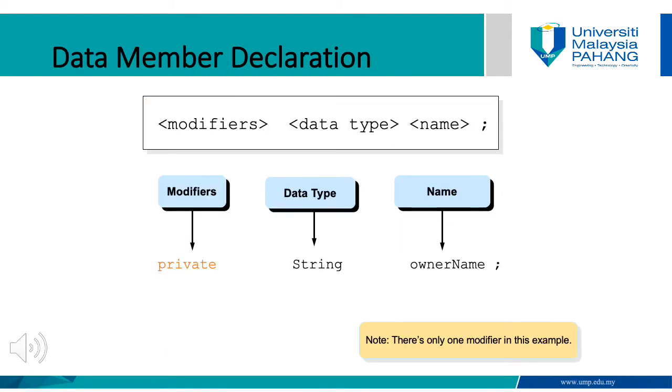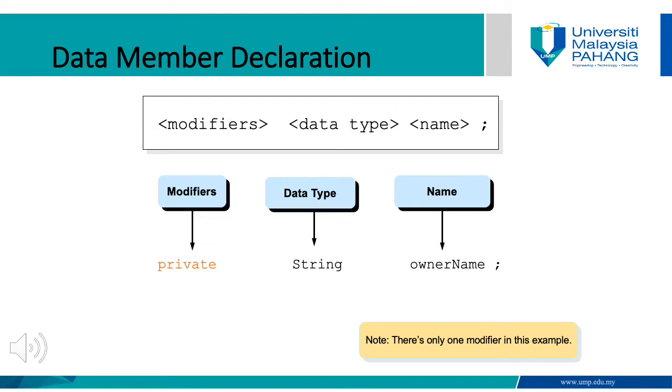So how do we declare data members? First you have to decide on the modifiers. Whether you want it to be public or private is up to you, because this will define the accessibility of your class.